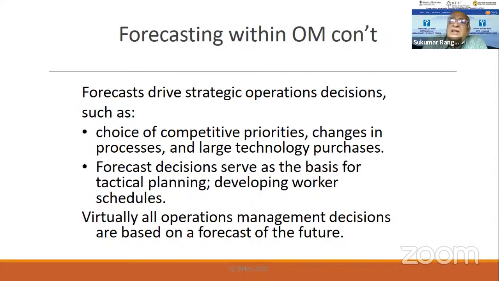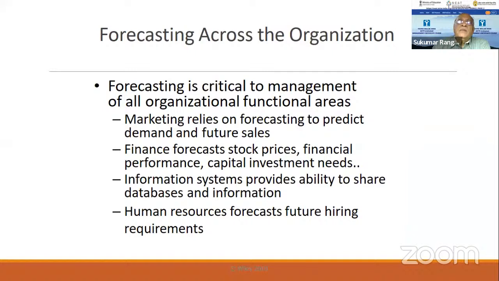So forecasting is one of the most important functions in operations management, and it is the first function before you start most of the decisions for product realization or operations.